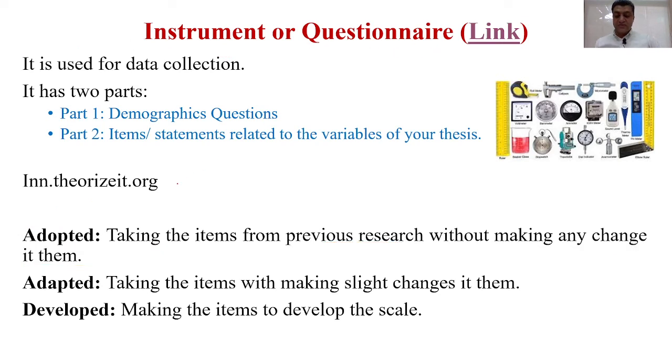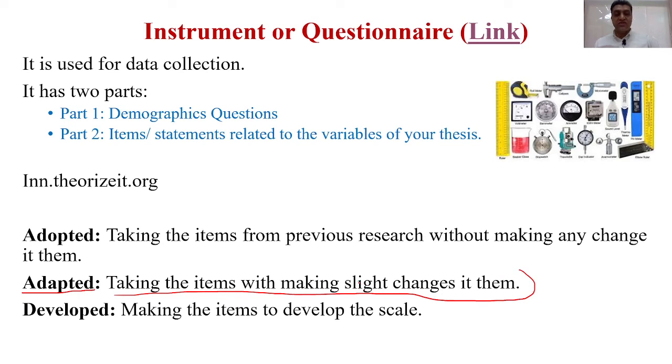But sometimes when you're using those items in your context, for example, if the study was conducted in, let's say, China, and you want to conduct it in India, Pakistan or America, the context might be different. So what you do is sometimes you take those items, but then after taking those items, you make slight changes in them.